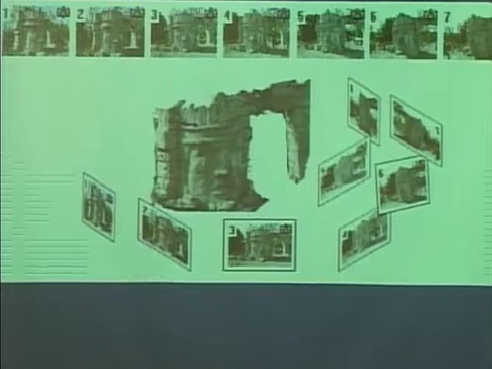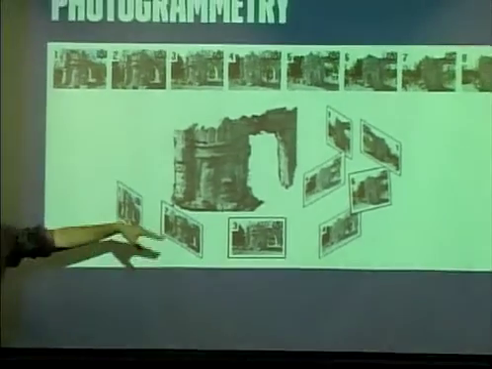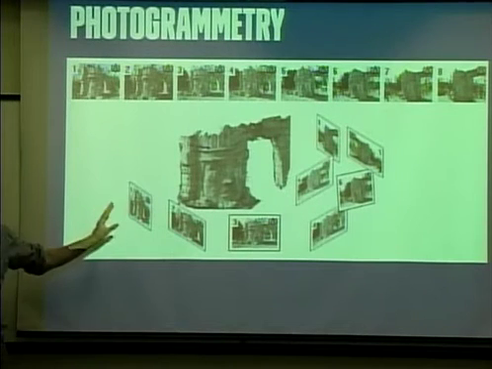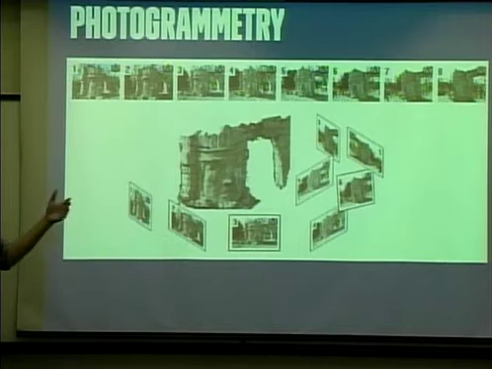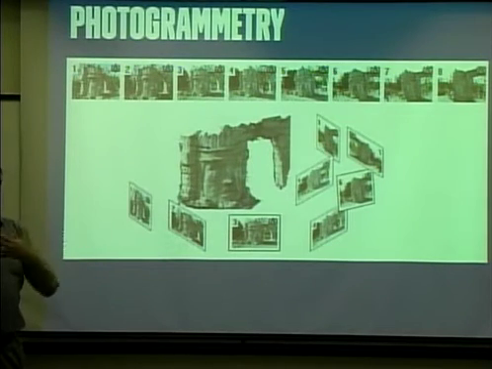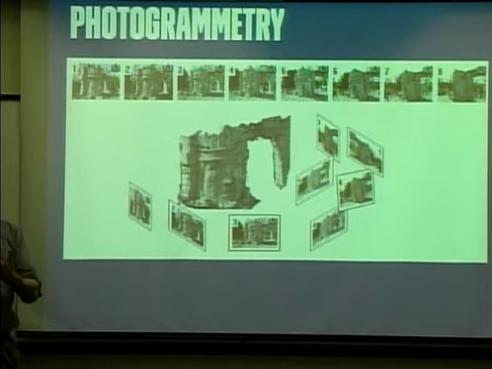Photogrammetry is a process where you take a series of photographic images around an object. And the way you do that is you do it in a way that the software, it's essentially an algorithm, looks for registration points across all of these images and then stitches them together in order to create the 3D model.